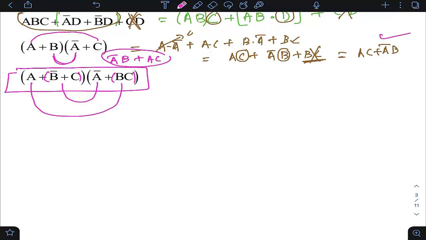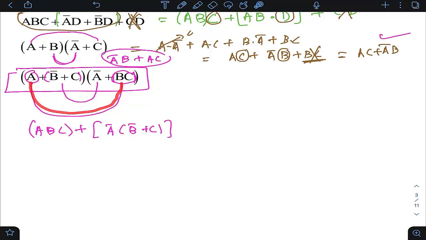So the AND combination of outer variable, that is, this one and this one, is nothing but how much? So this is ABC plus, and if I see for the inner one, it is A bar ANDed with B bar plus C. So AND combination of outer variable, AND combination of A and BC is ABC, and AND combination of inner variable is A bar AND B bar plus C. So if you simplify this, ABC plus A bar B bar plus A bar C. This is what the answer is.